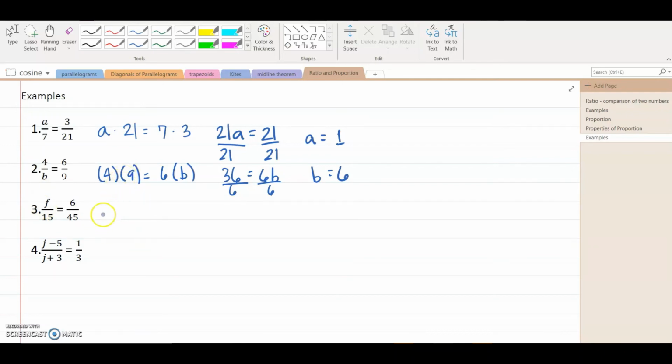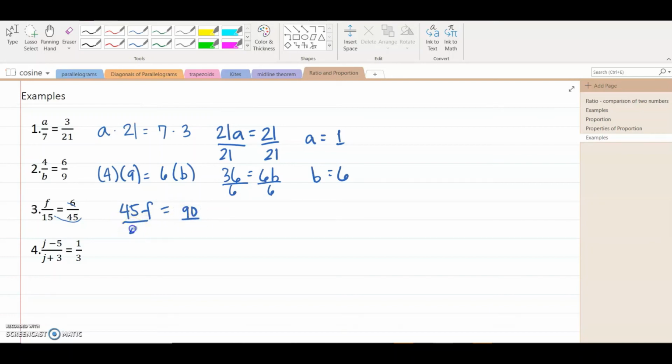Okay, number 3, we have F is to 15 equals 6 is to 45. If we're going to cross this already, we have 45F equals 6 times 15, which is 90.